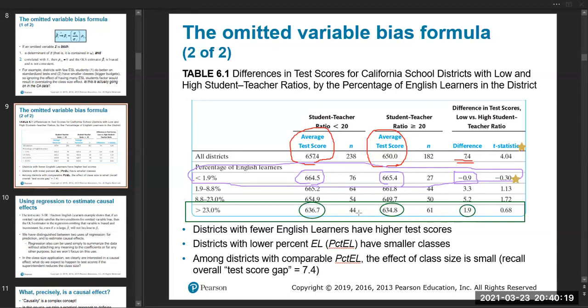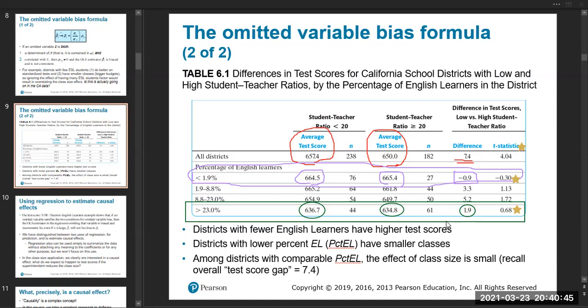And what's their difference? The difference is 1.9. So small class did better, but are they significant? They are not significant, right? The t statistic is only 0.68. Fail to reject that they're different. So after you include the story, if I ask you again, do you think class size has a causal effect on school scores?